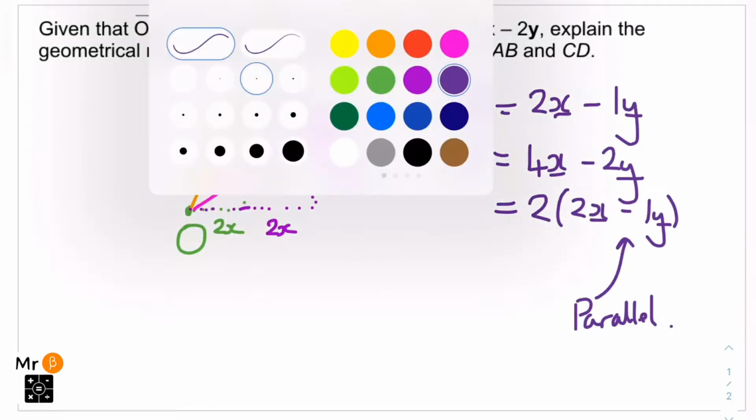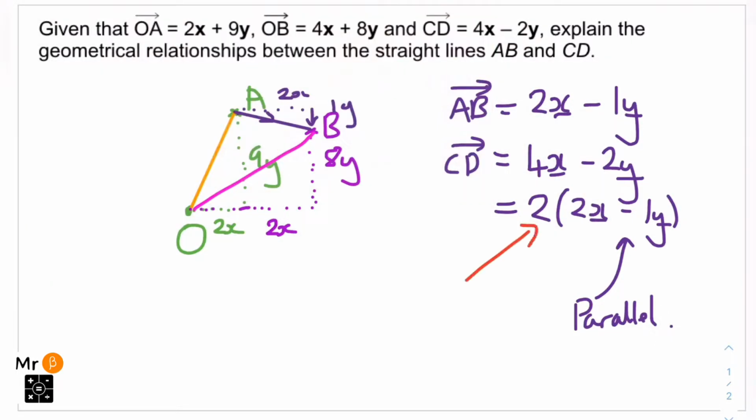The number outside the bracket actually tells you how many times bigger it is. So we now know that CD is actually twice the size of AB because the 2 is on the outside of the brackets. So that means it is twice as big as AB.